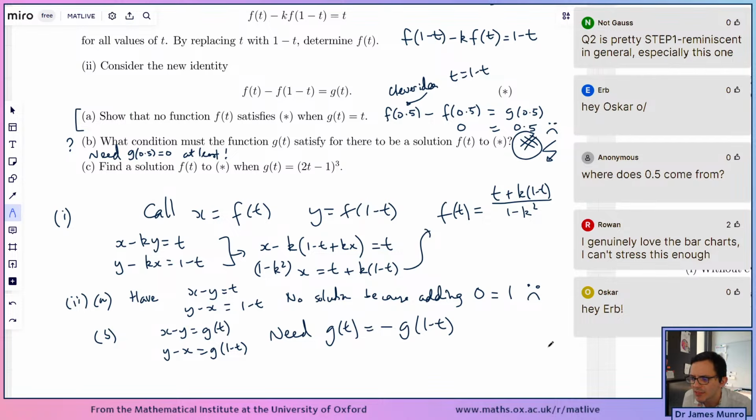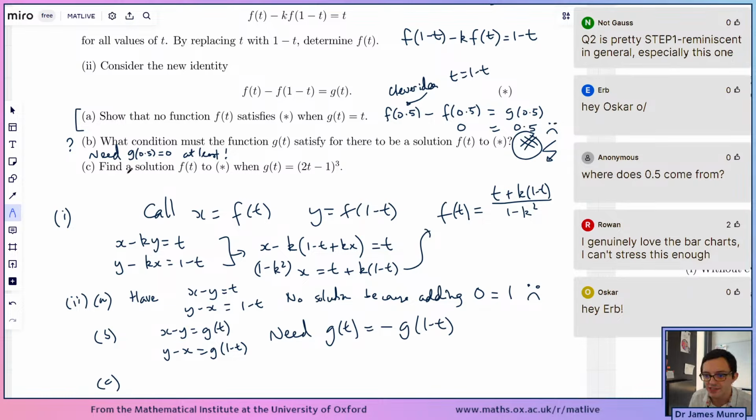I reckon it probably is, so I should now be able to solve this, right? Why can't I see how to solve this? Oh, is it the case that f of t is not a unique solution? Possibly. Yeah, I think it's not a unique solution, which we're going to explore in part C.